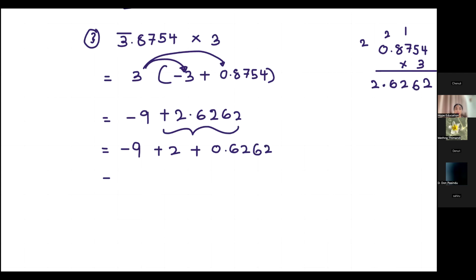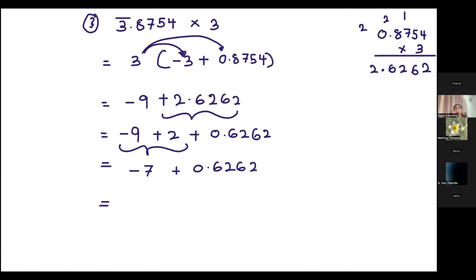Now minus 9 plus 2 is minus 7 plus 0.6262. Then we can combine and write bar 7.6262. Is this clear?